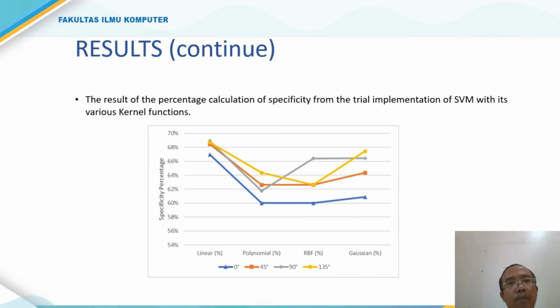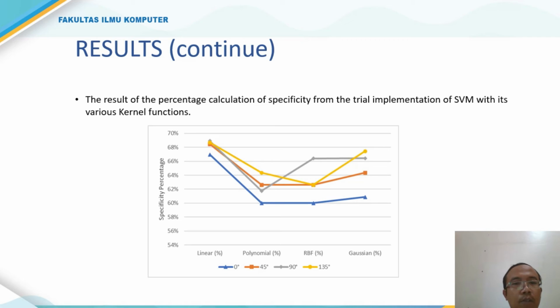Results continue. The result of the percentage calculation of specificity from the trial implementation of SVM with its various kernel functions.